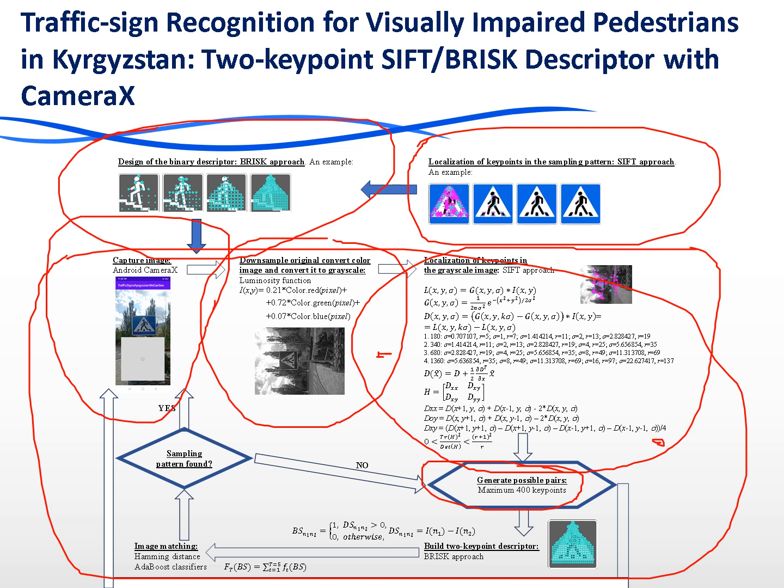And we're trying to find these key points starting from the center of the image. Then we split these key points into pairs, and we are trying to design the descriptor based on BRISK approach. And if the developed descriptor is somehow close to the sample pattern based on the Hamming distance, we say that we found the sample pattern on the current image.